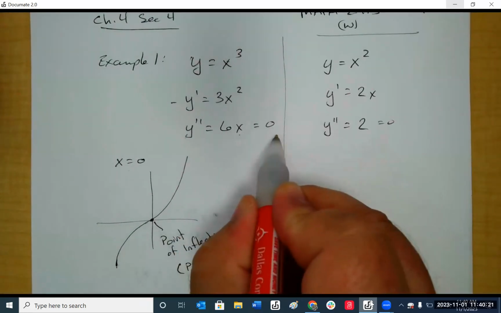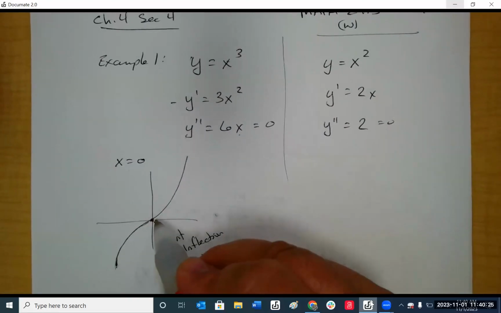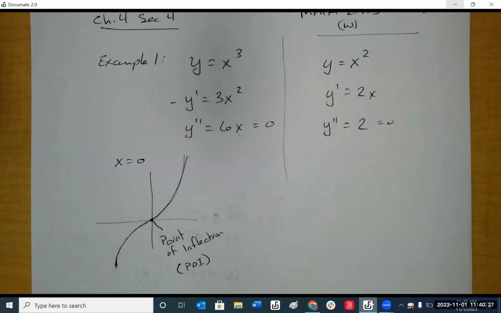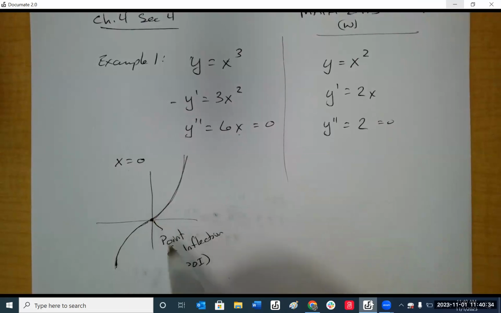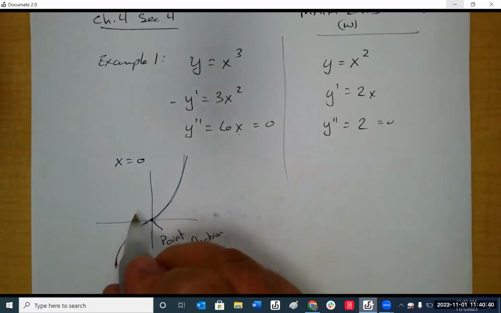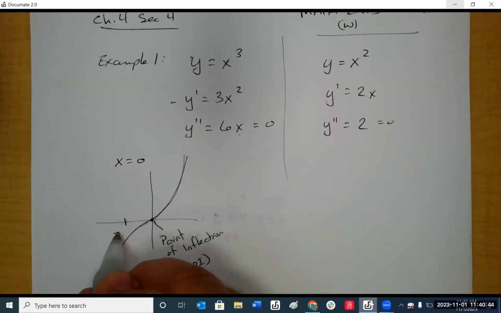When we said the second derivative equals 0, that's where it changes. On this side, it's going to be concave down. This side's concave up. So how do we know? The only thing we know is that if we have a point of inflection, that means we have to have 2 concavities. So how do we check the left side? Since the point of inflection is at 0, let me try -1.